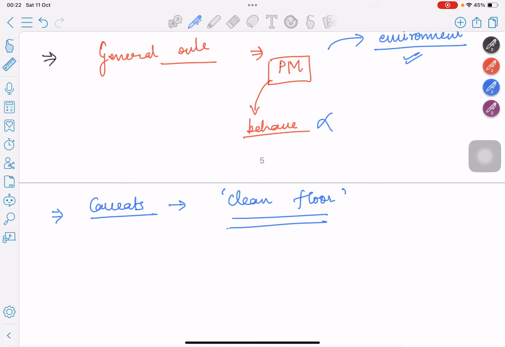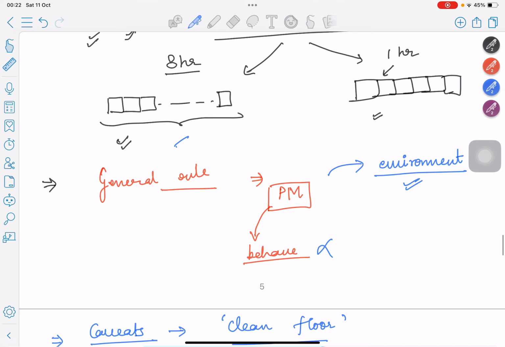Yet the same average cleanliness, as we discussed, can be achieved by two different agents. One which does a mediocre job, and one which does it very energetically, let's say completing in 1 hour, and then taking a break for 7 hours. And there is another AI agent which does the same amount of work but does a mediocre job every hour and does the same amount of work in 8 hours. So that we already discussed.